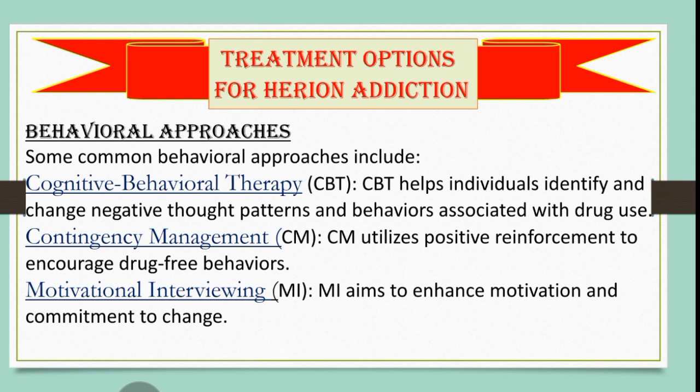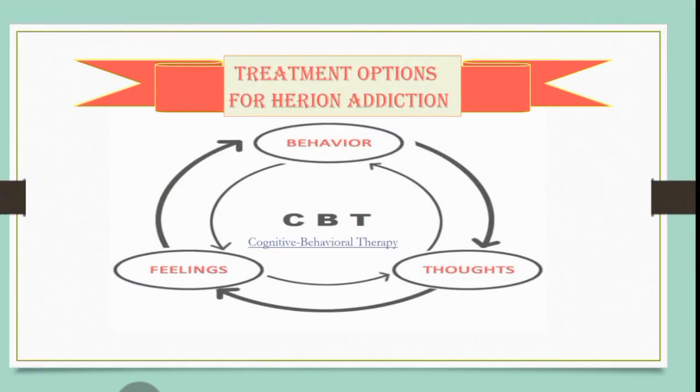And the third one is motivational interviewing, in which people motivate addicted people to come back to their regular life and to say no to drugs. MI aims to enhance motivation and commitment to change.